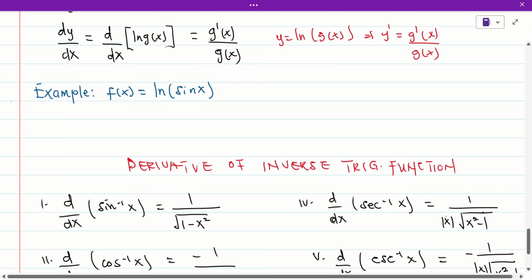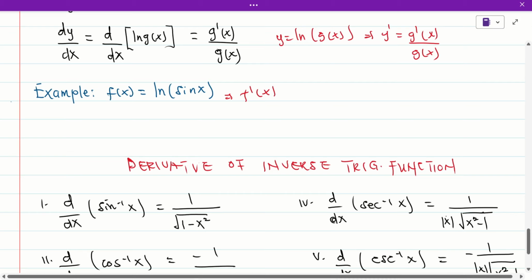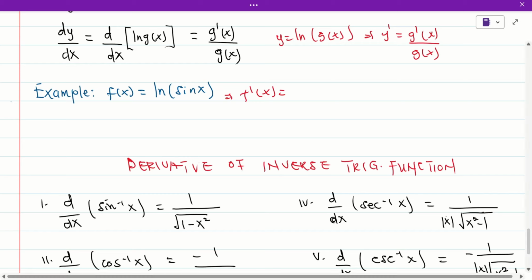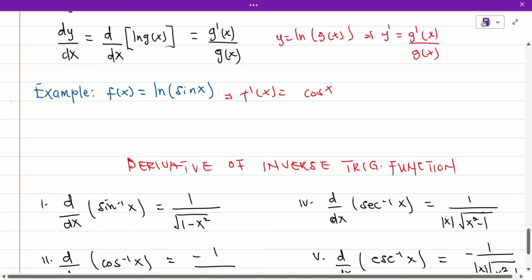So for example, you have been given a function f of x, which is equal to ln of sine x. So our f prime of x is going to be, we are going to differentiate sine x. And we know that when you differentiate sine x, you're going to get cos x, right? So you're going to get cos x over sine x. You get it?